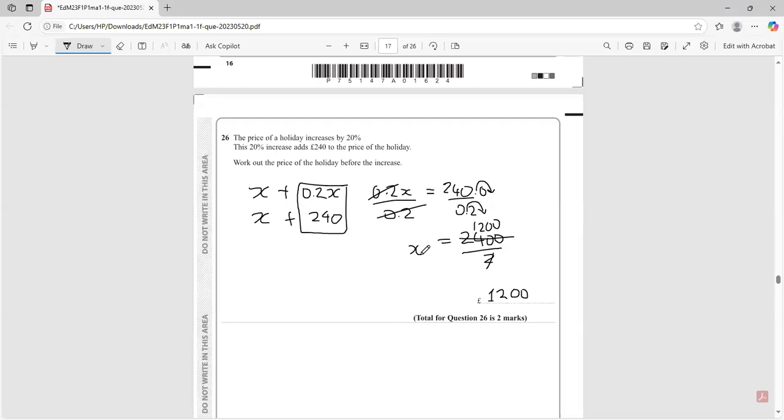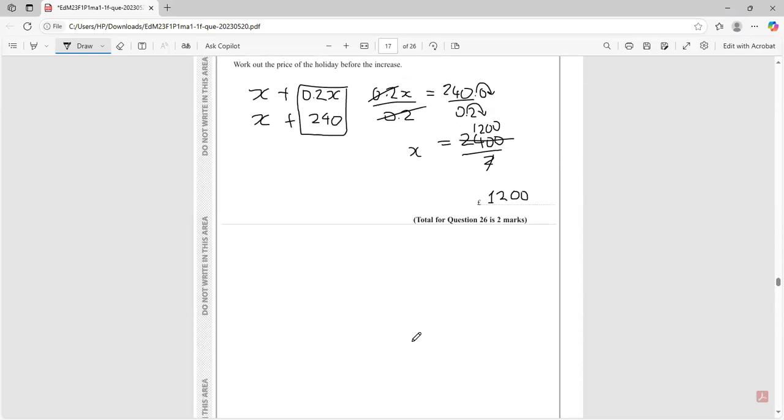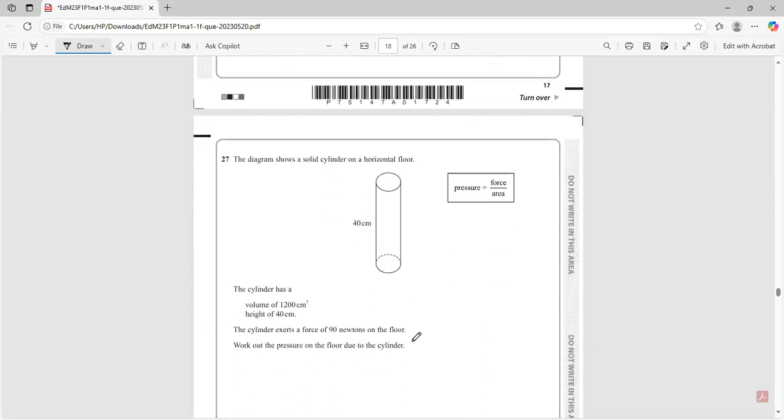The question said the 20% increase adds 240 to the price of the holiday. So that's how we came about our deduction. Did you get that? Yes. Okay, all right. I just wanted to make sure that you are with me on that so we can move on.